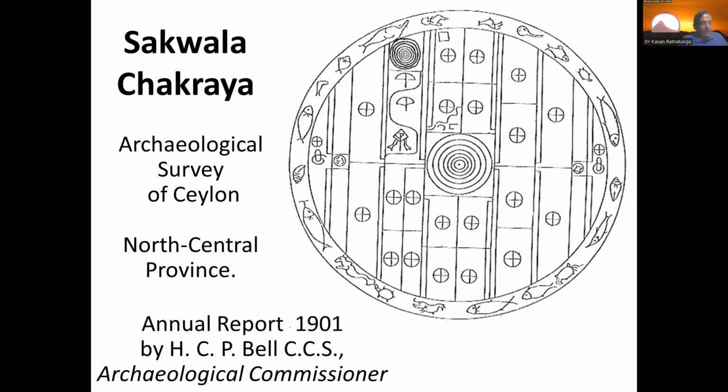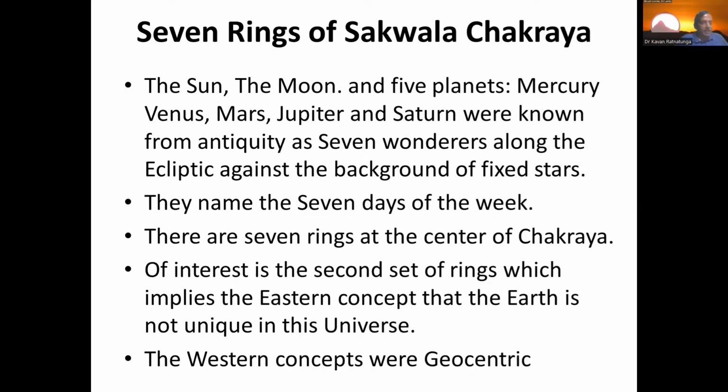And this 7 is very interesting because it means that during those times, we only knew of 5 moving objects in the sky: the sun, moon, and the 5 planets: Mercury, Venus, Mars, Jupiter, Saturn. So those were the only moving objects. They were considered to be gods, and they moved across the fixed stars. So the 7 also are the 7 days of the week. And there are 7 rings in the center of this chakra.